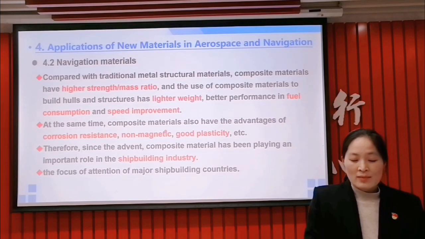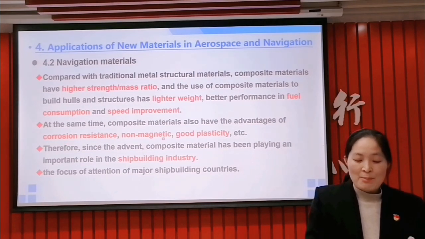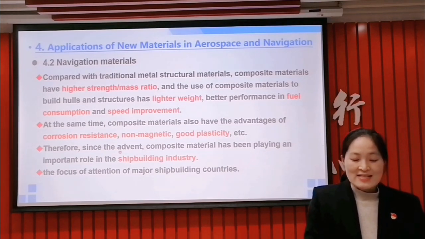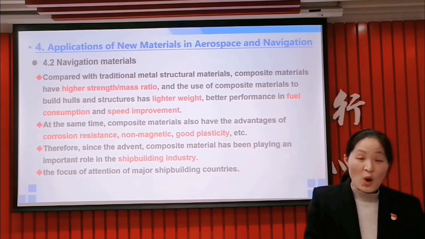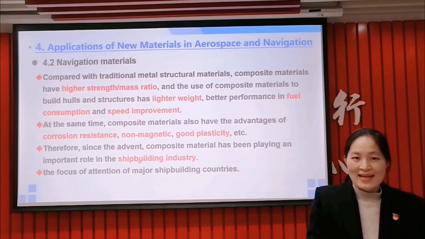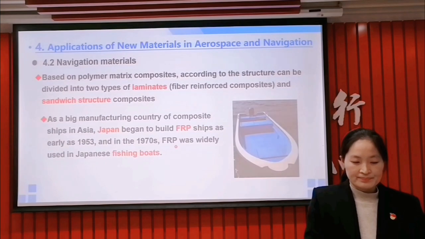At the same time, composite materials also have advantages of corrosion resistance, non-magnetic, and good plasticity. Therefore, since the advent, composite material has been playing an important role in the shipbuilding industry. The major shipbuilding countries also give a focus on composite material.